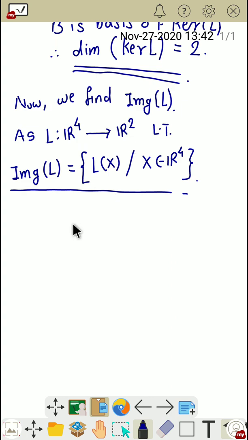Okay, so let x be the column vector (x, y, z, w), and therefore x belongs to R4.